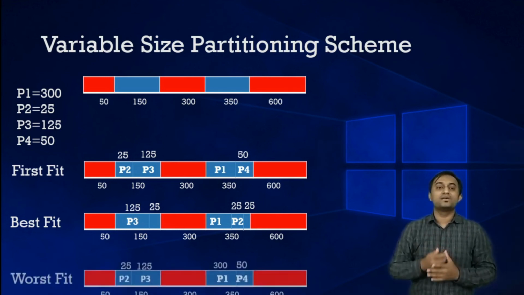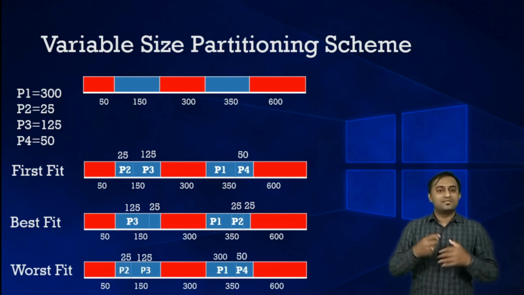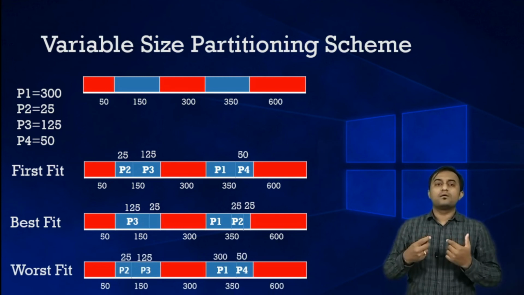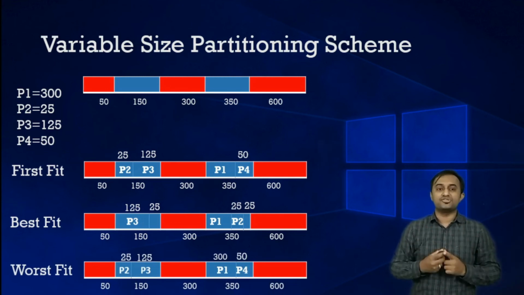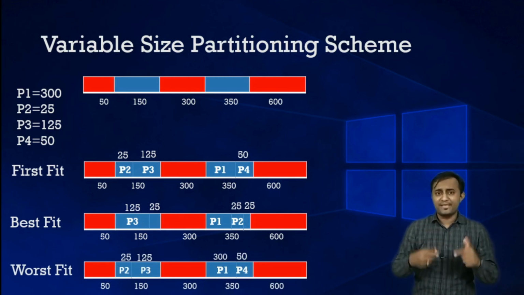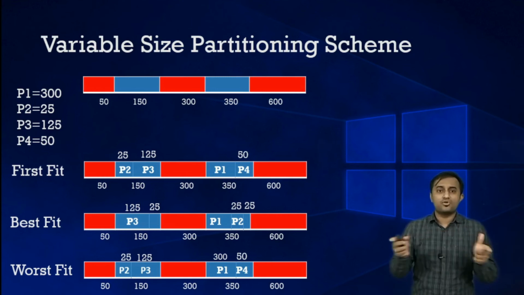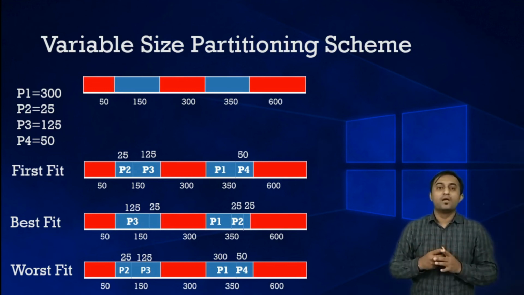Now the last one is worst fit. It is the same as the best fit scenario, but with only one change. In the case of best fit, it will search all the available blocks beforehand, and according to that it will find the smallest enough block and accommodate the request.